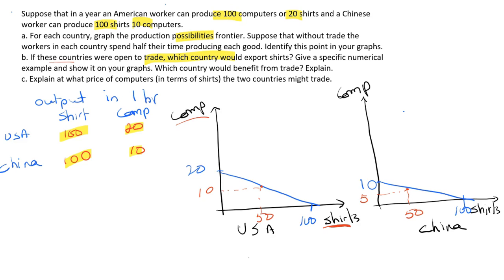So I'm going to start by writing the opportunity cost of shirts, the way I've plotted, with shirts on my x-axis. The opportunity cost of shirts in terms of computers given up is rise over run, which is 20 over 100 or 1/5 computer.